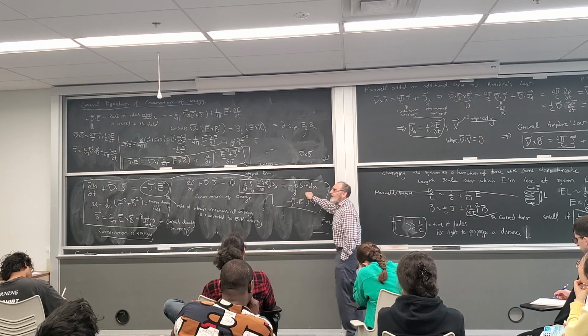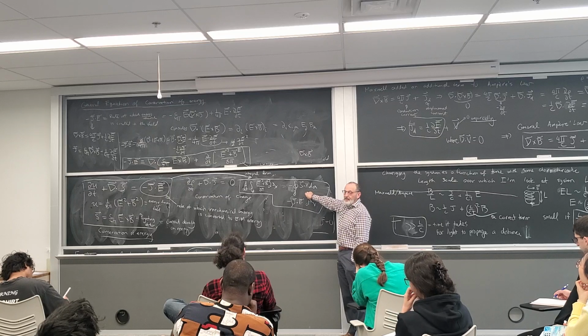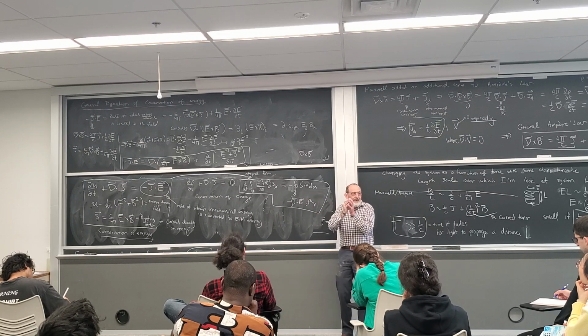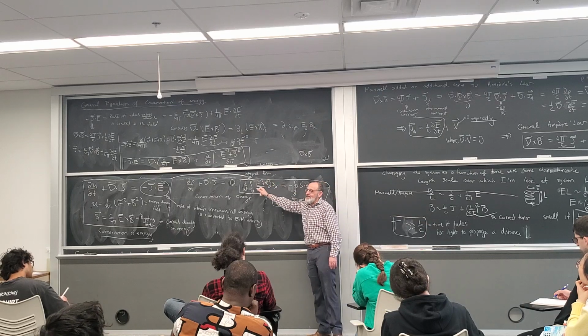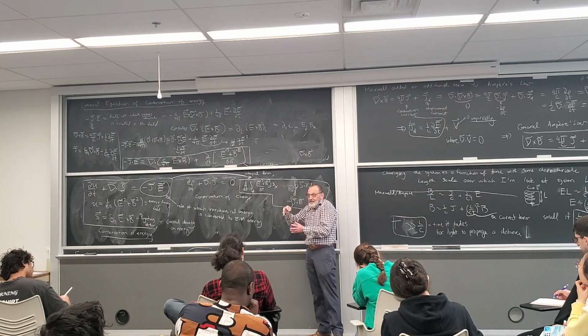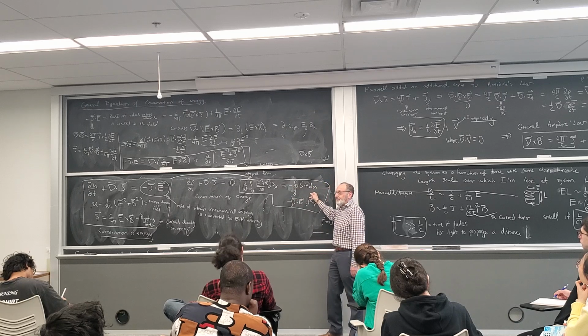It can decrease if energy is flowing out of the volume. So if there's a closed volume and energy is flowing out, the total energy in the electromagnetic field will decrease.